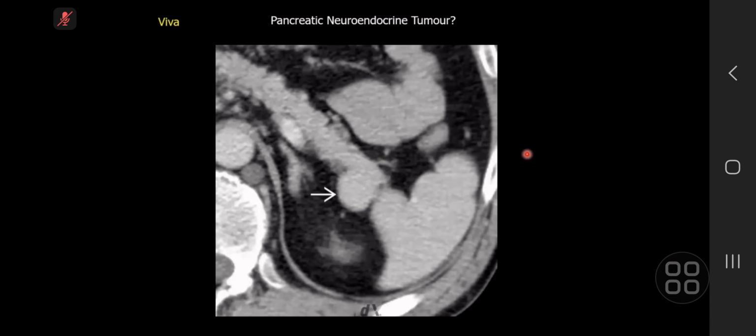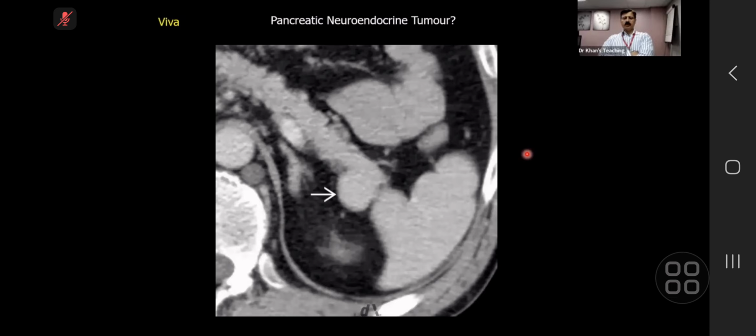There is a rounded lesion with an enhancement pattern almost similar to that of the pancreatic parenchyma, and it appears kind of exophytic from the tail of the pancreas. I can consider this to be a pancreatic neuroendocrine tumor. However, in this location, I should also be looking for any other lesion which can give this kind of appearance, or a normal variant maybe.